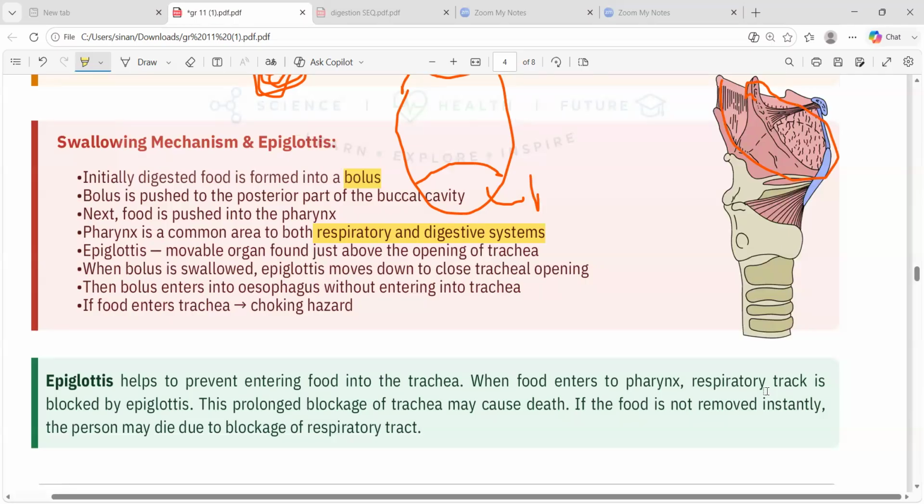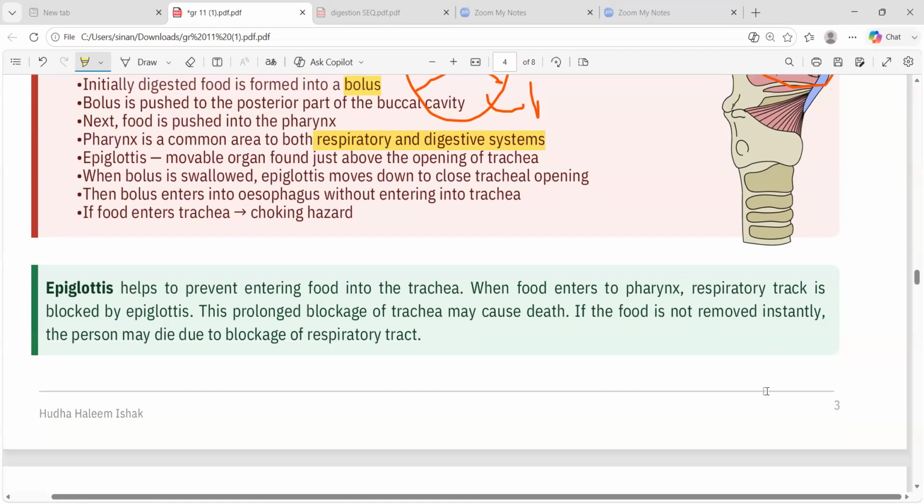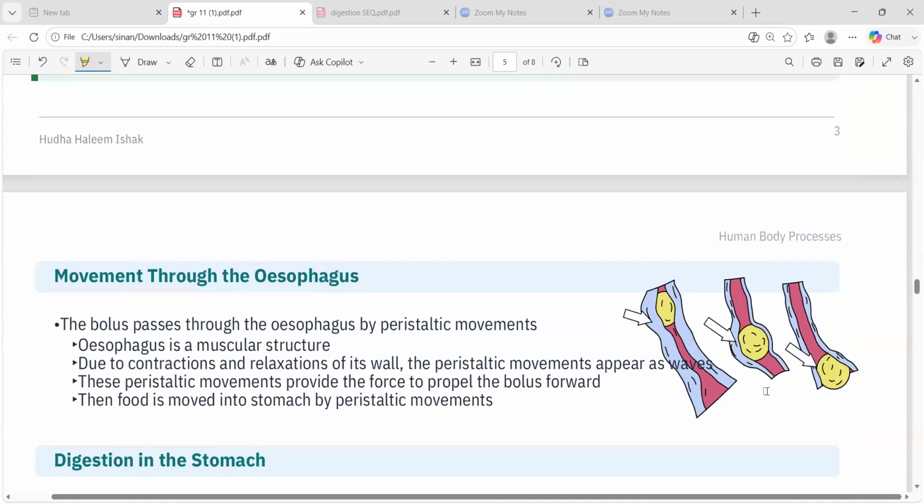Choking mainly occurs when the food enters into the respiratory tract. This is because the epiglottis has not closed properly. It has a small opening that allowed the food to go into the respiratory tract, and as a result, choking occurs. So that is it about the epiglottis.